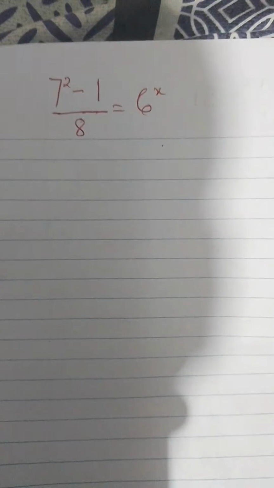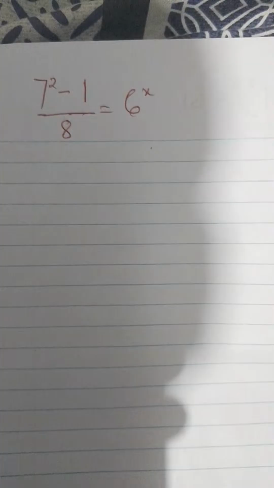Right. I want to look at our next question. This is indices. Here, this is very simple to solve. If you are asked to solve this indices question, 7 squared minus 1 on 8 equals 6 exponent x.